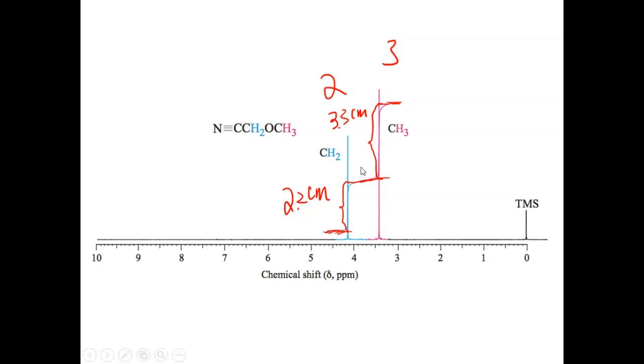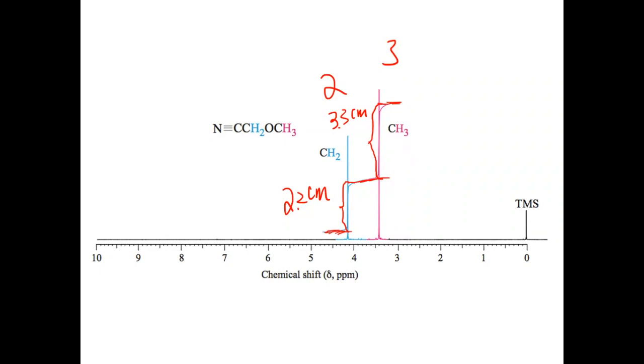In homework you need to do this. Basically, you have to use your ruler to measure the height on the S curve, like I did here. But in the exam I will directly tell you the area of each peak, so it saves you some time.